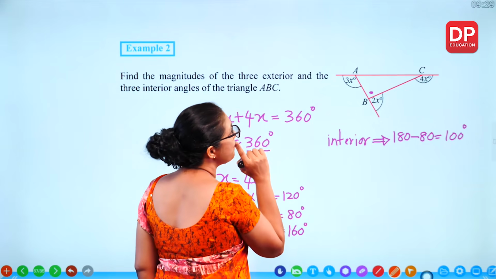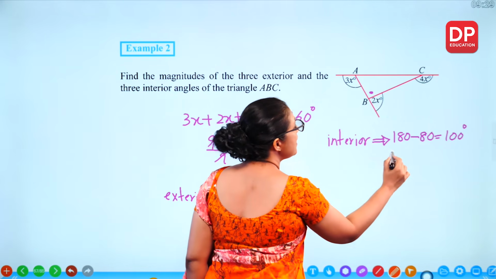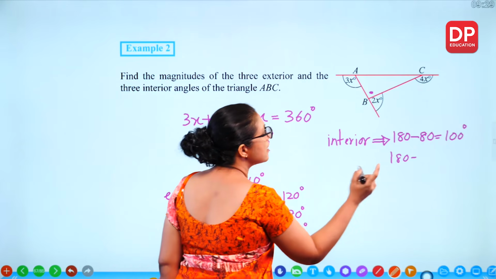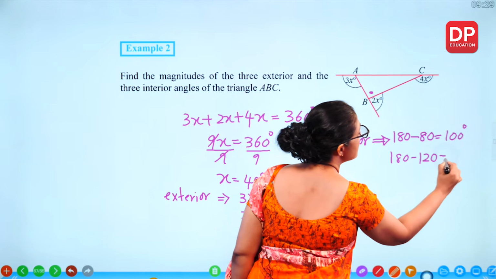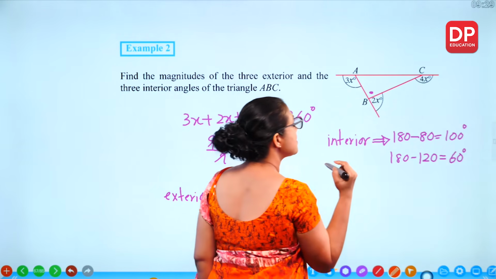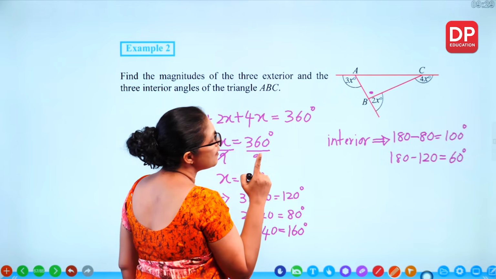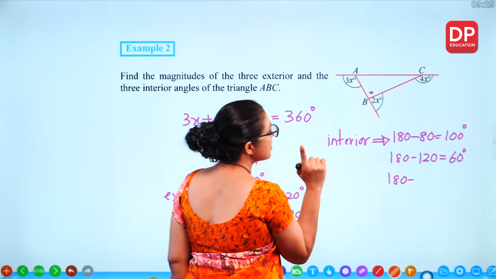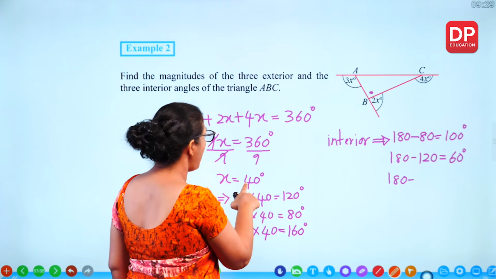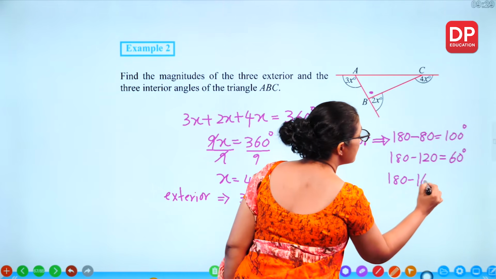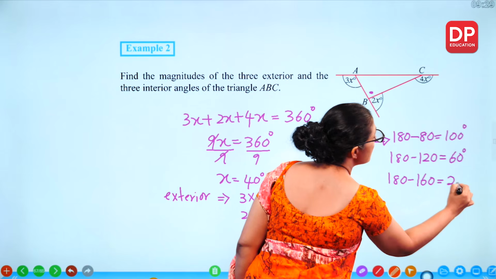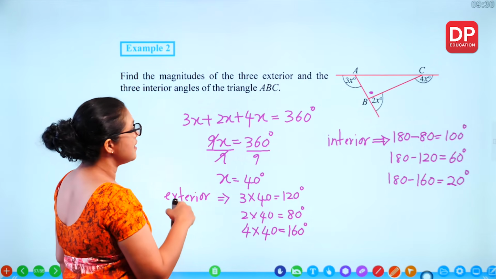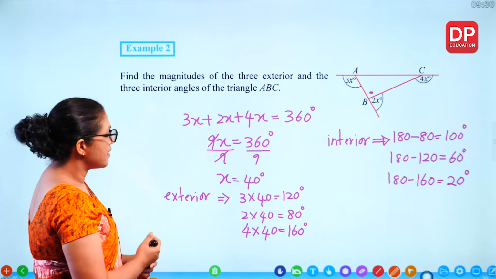What's the other one? 180 minus 3x. 3 times 40, 120. You get 60 degrees. What's the other one? 180 minus 4x. 4 times x, 160. So you get 20 degrees. So these are the interior angles and these are the exterior angles.